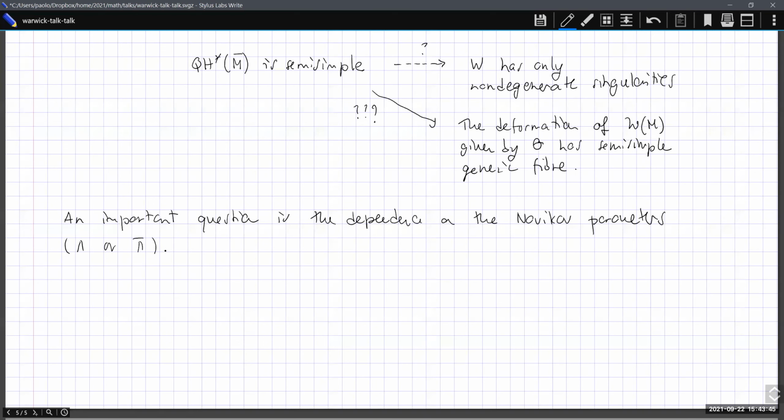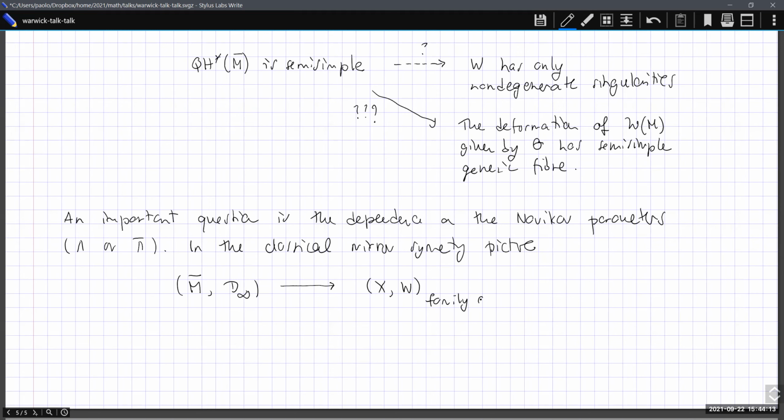What's interesting is the following: you have this picture here, in the classical mirror symmetry picture. You get X and W, and these are defined over lambda bar, so you can think of it as sort of a family over spec of lambda. It's a horrible thing to say, I know, algebra-geometrically not exactly correct because of the properties of lambda bar.